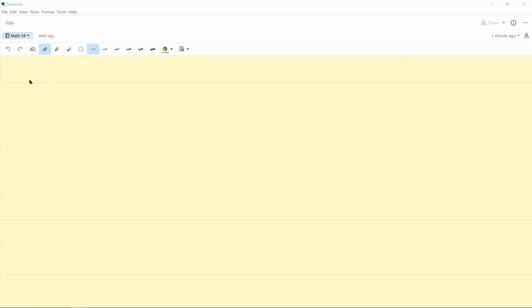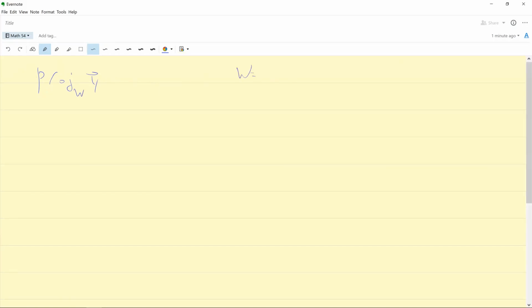Before, if we had the projection of Y onto W, where W is the span of one vector, we're just going to take this dot product and multiply U by this scalar value here. Similarly, if we have multiple vectors, we're just going to do this individually for each U_i and sum them all up.